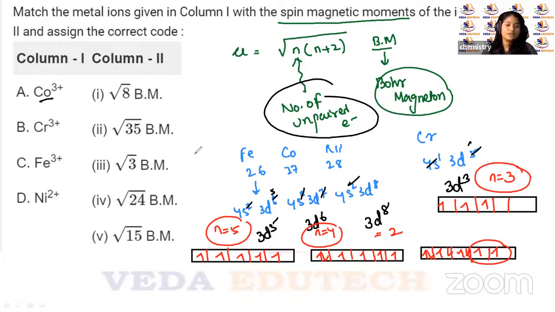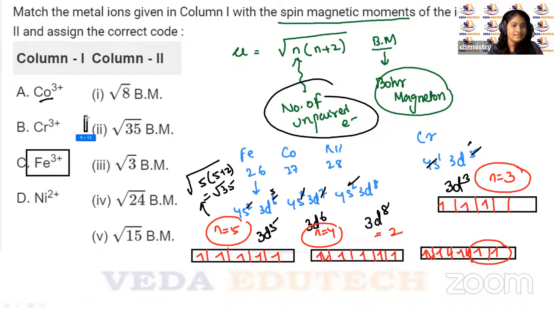So if we find out the mu here, this is going to be root over of 5 into 5 plus 2, that is root over 35. So Fe3+ is going to be root 35.